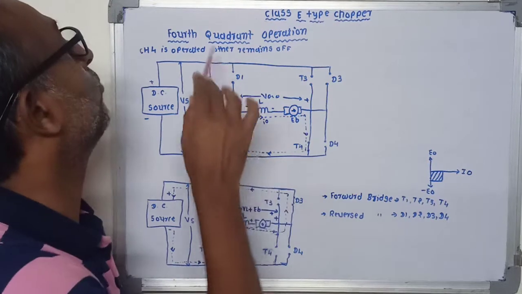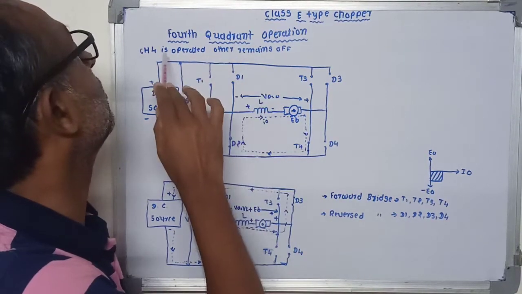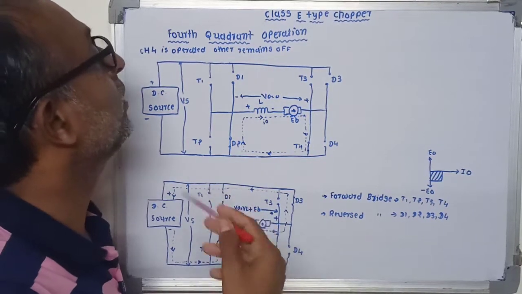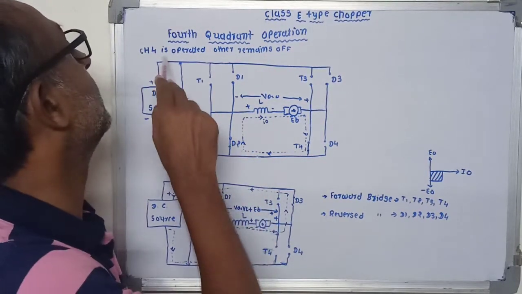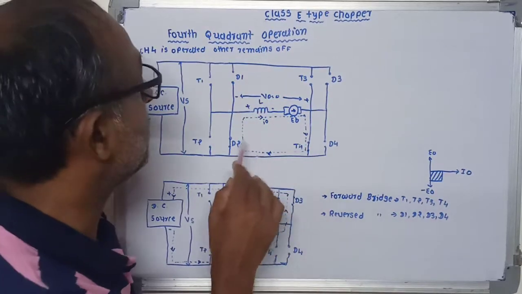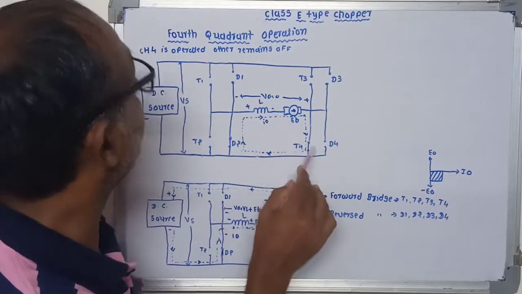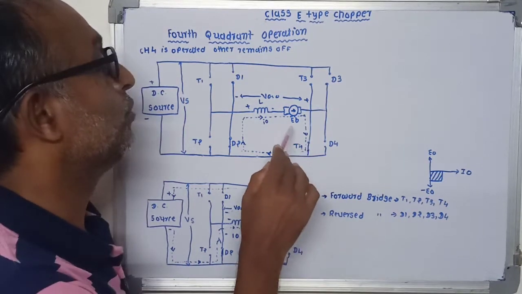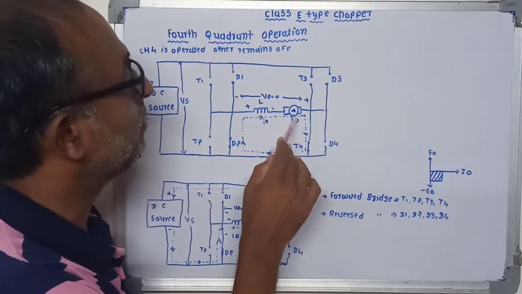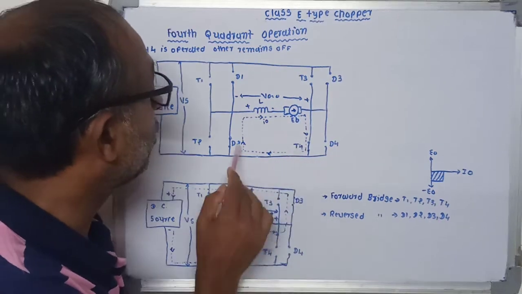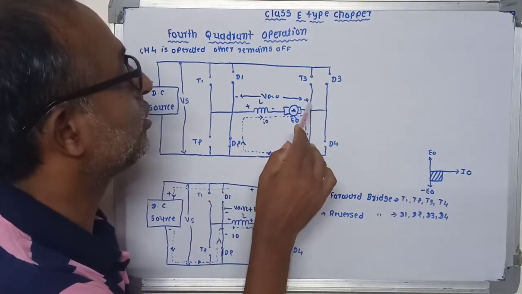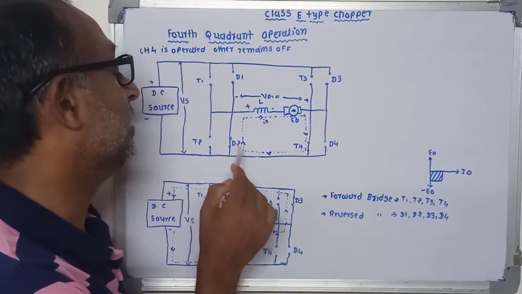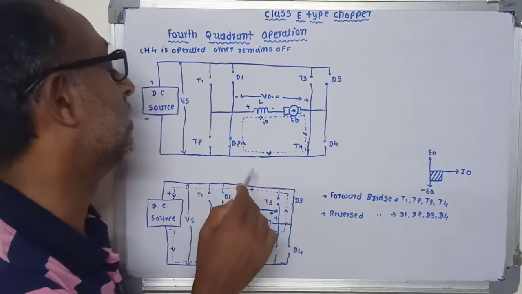Now in this fourth quadrant operation, CH4 is operated and the others remain in off condition. So when CH4 is kept in on condition, due to the back EMF, the diode D2 will turn on, because this is the positive terminal and the negative terminal. That means it is forward biased and turned on and treated as a short circuit.